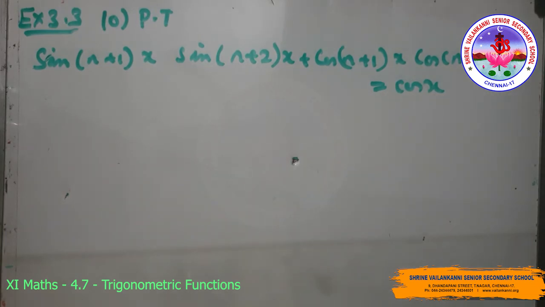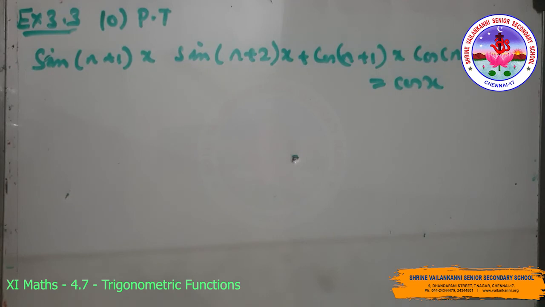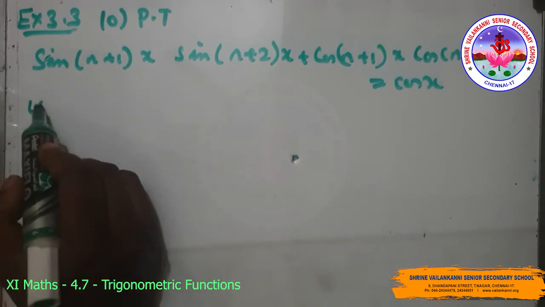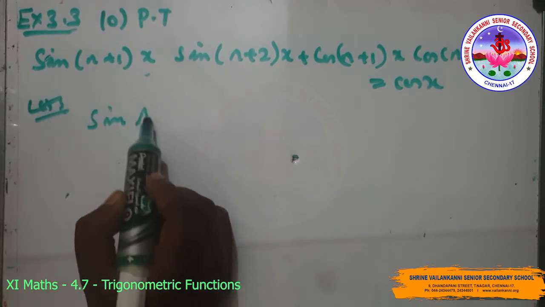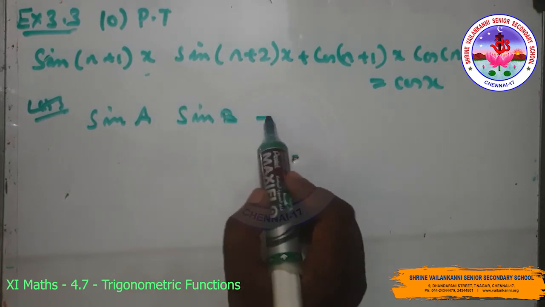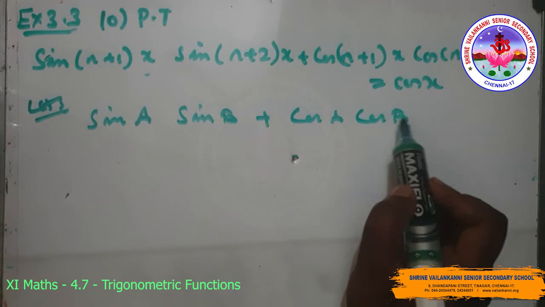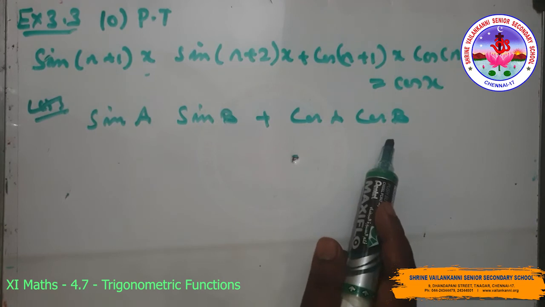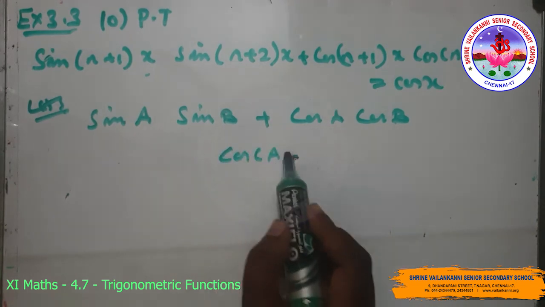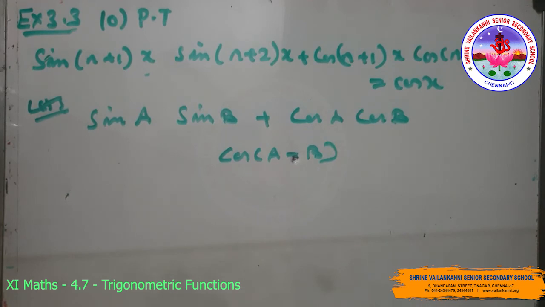10th one, prove that sin((n plus 1)x) sin((n plus 2)x) plus cos((n plus 1)x) cos((n plus 2)x) is equal to cos x. So LHS, we can write this as sin A sin B plus cos A cos B. Using this formula, sin A sin B plus cos A cos B is cos of A minus B. Here A is n plus 2 and B is n plus 1.